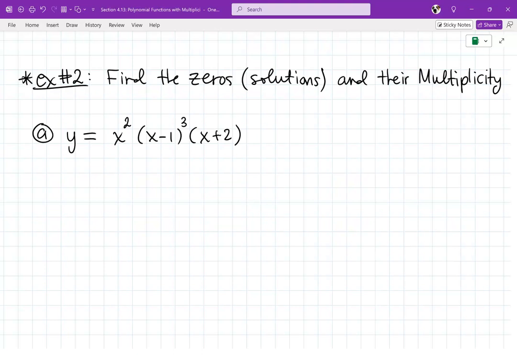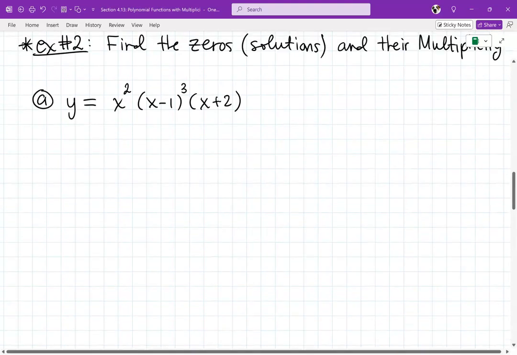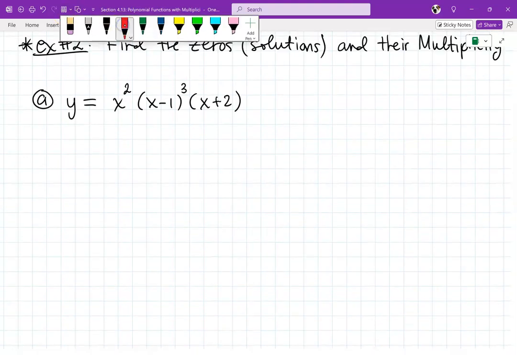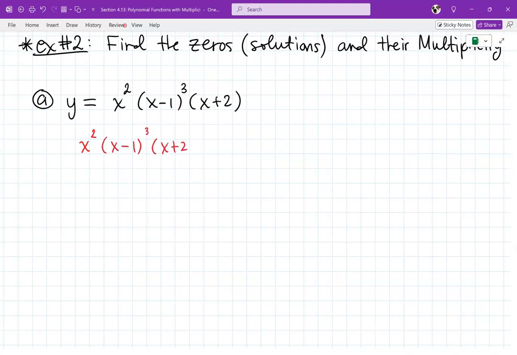So they want me to find the zeros, the solutions, the roots, the answers, okay, and the multiplicity. So here we go. I think I have 2 of them, right? Yeah, I have 2 of them. So for the first one, I'm going to get my equation set up by making it equal to 0.